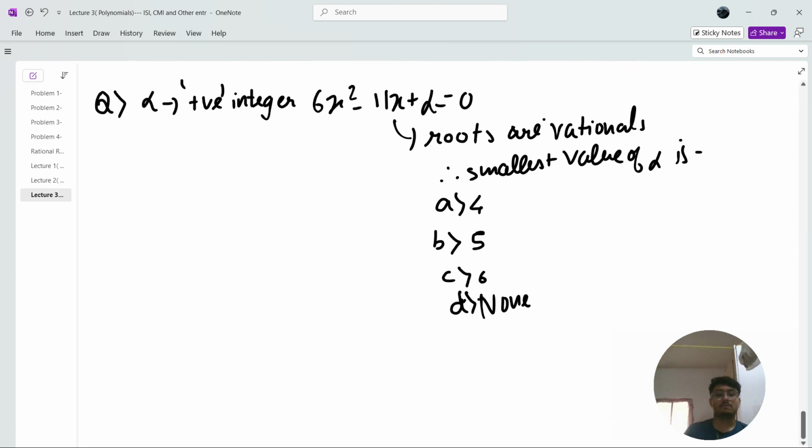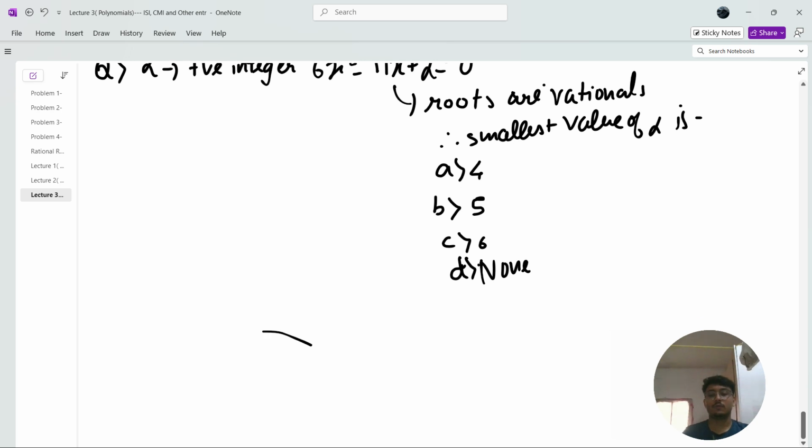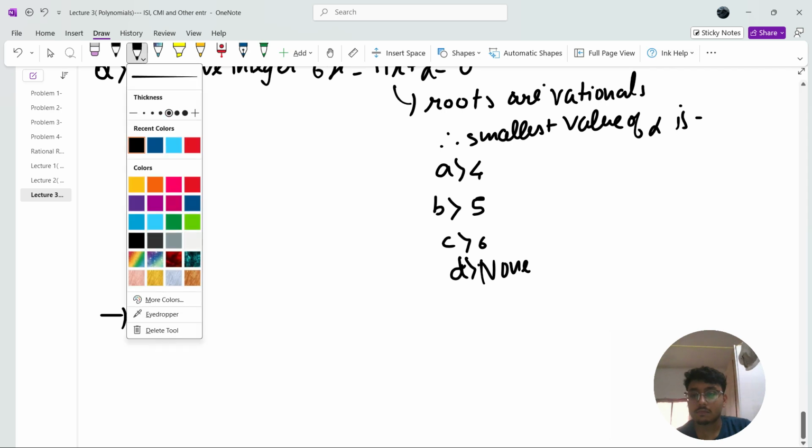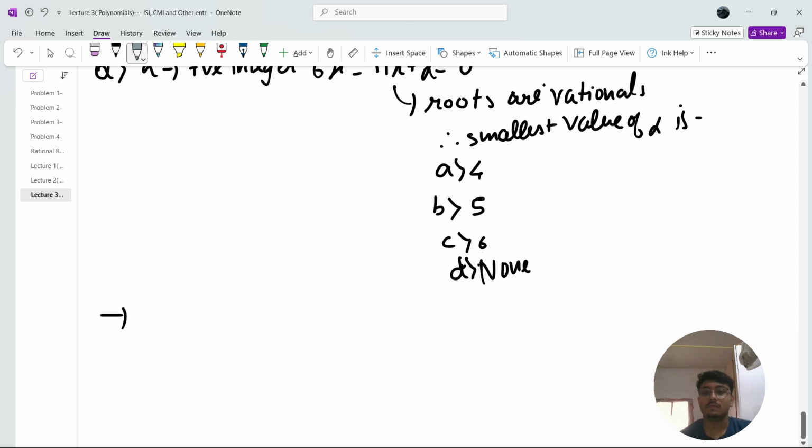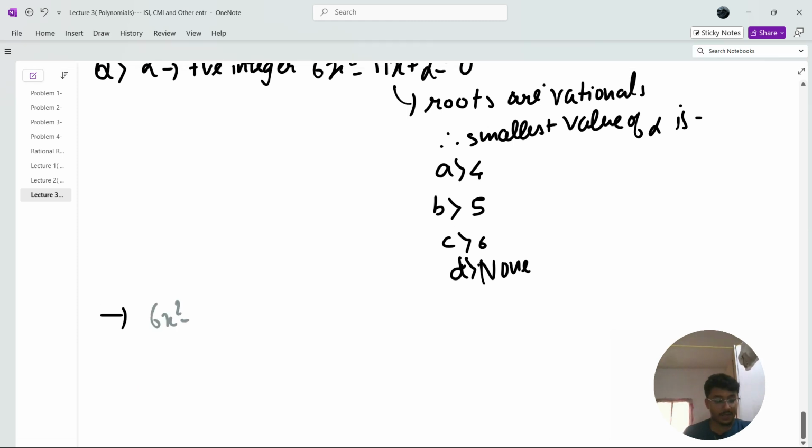Okay, I guess all of you have solved it, or if you haven't, just pause it and solve. Solution: my equation is 6x square minus 11x plus alpha equals 0.